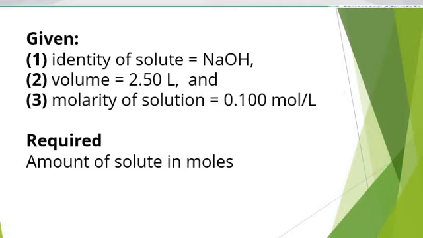Sodium hydroxide is a polar compound, and water is also a polar solvent, so it easily dissolves sodium hydroxide. The total volume of the solution is 2.5 liter, and the required concentration of the solution is 0.1 mole per liter.